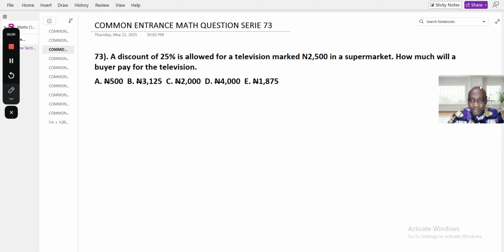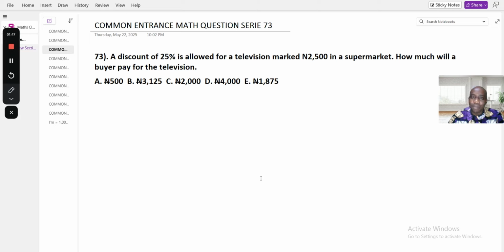Normally when you see something like this, everything supposed to be 100%, which is the full amount of what you want to sell. Now, if you give out 25% to a customer, it means that you reduce the price of the product by 25%.